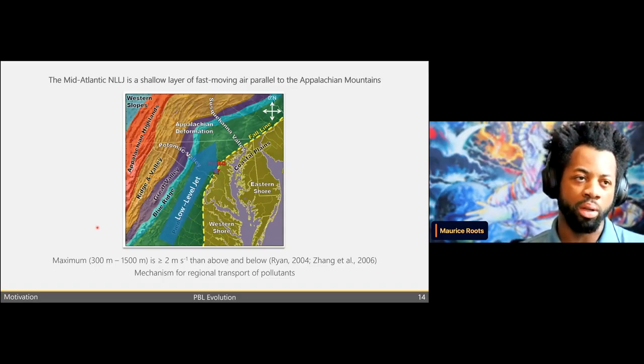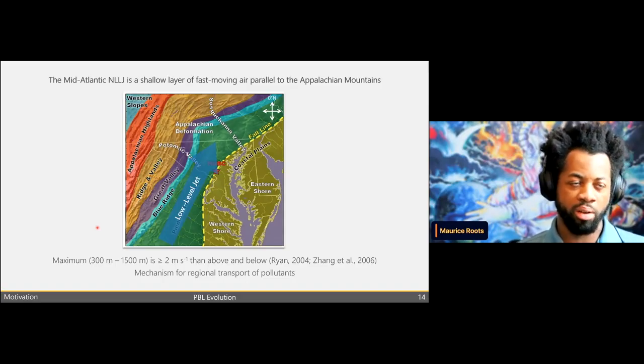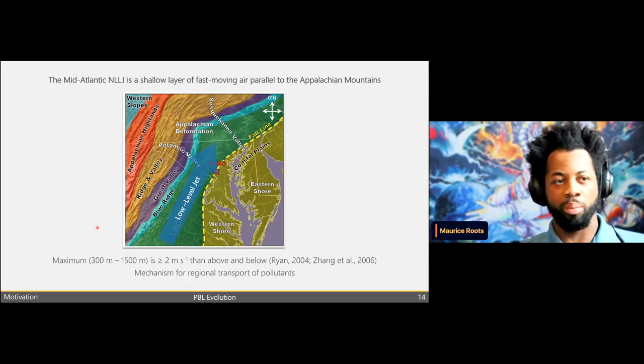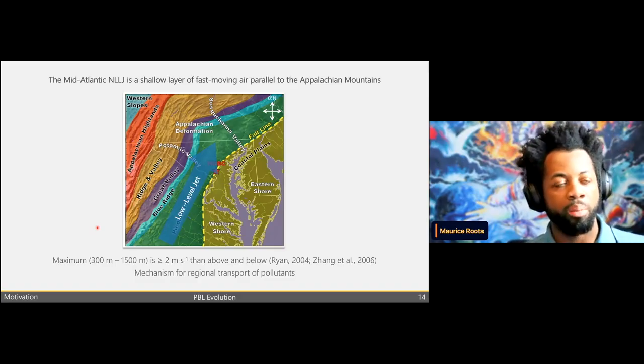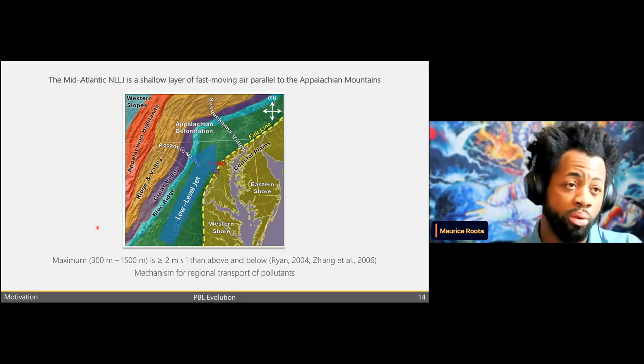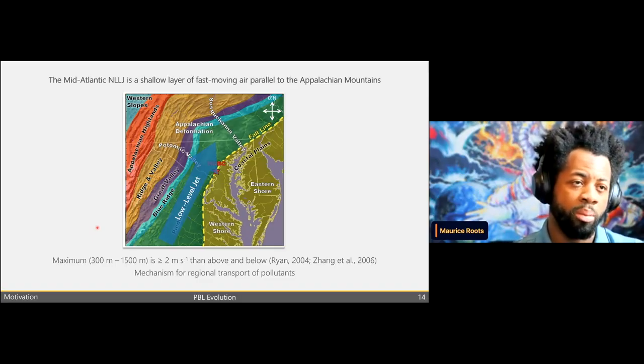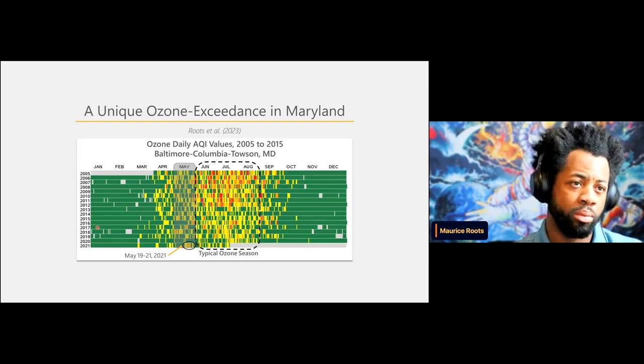That's what that fall line is. And the low-level jet has been reported to set up in between those extremes, in this flat area, and be a mechanism for transport overnight on mesoscale distances.